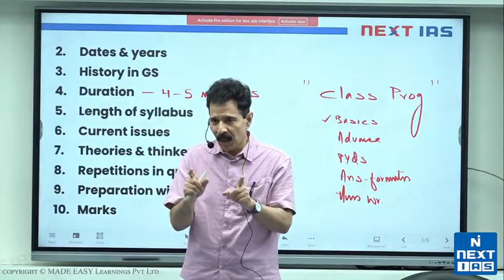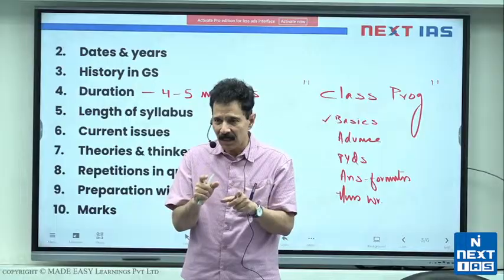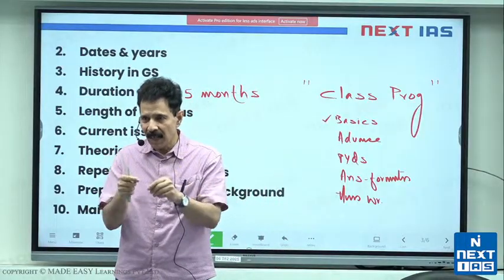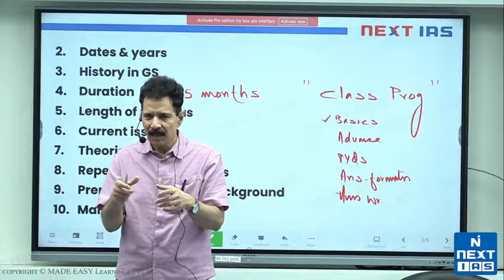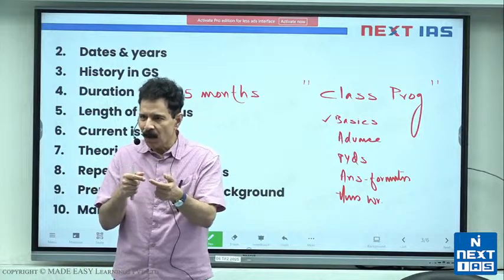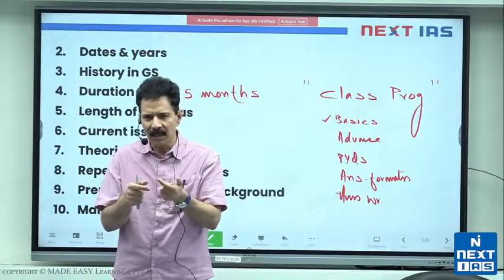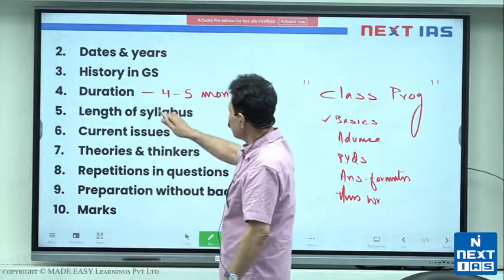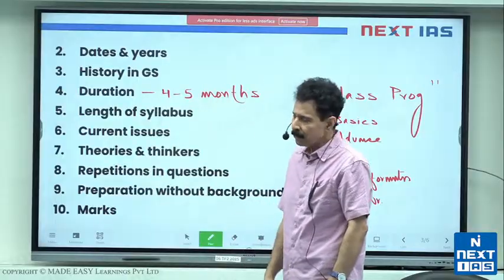So for 7 marks, your language, expression, content of the answer, introducing diagrams, so many things are there. So that required one-on-one discussion. It's not possible in test series and all. Okay? So I hope the duration part is also very clear.